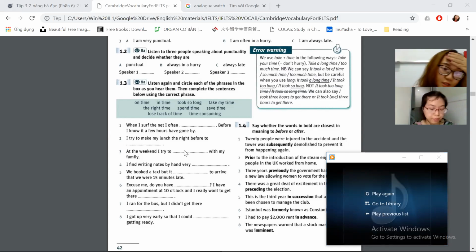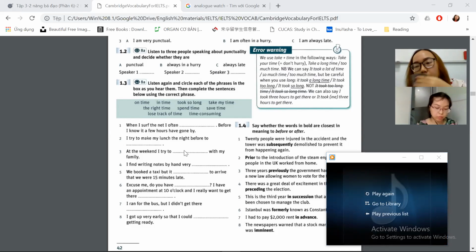Okay, continue, please. I ran for the bus, but I didn't get there in time. In time. Okay. So what is the difference between in time and on time? I think that on time is more accurate.